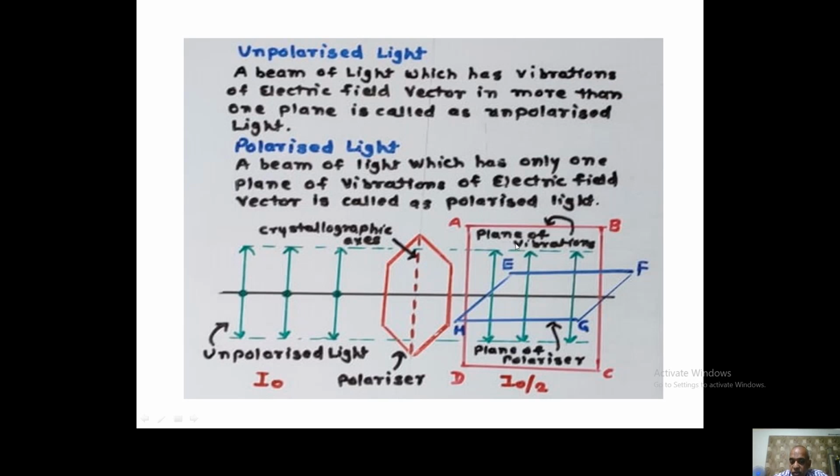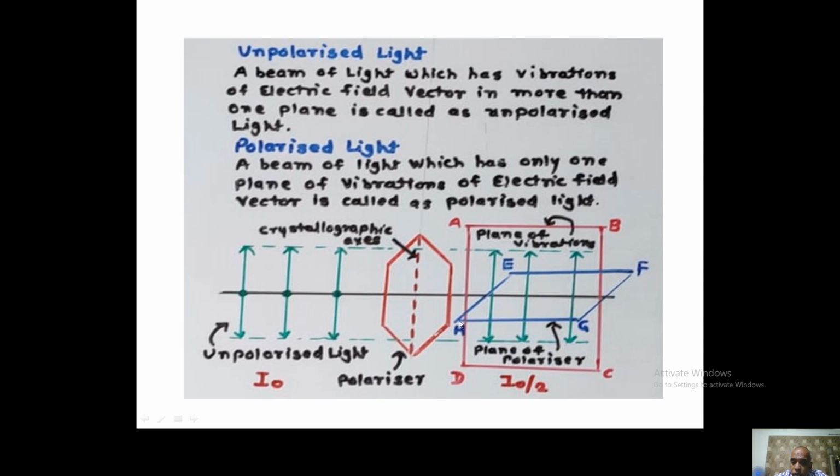That means a beam of light which has only one plane of vibration of the electric field vector is called polarized light. Now see here, this is A, B, C, D. This is a plane, and along this plane the vibration of the electric vector is represented, and hence this plane is called the plane of vibration.